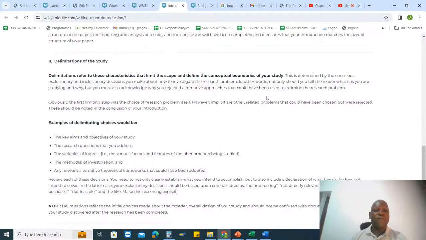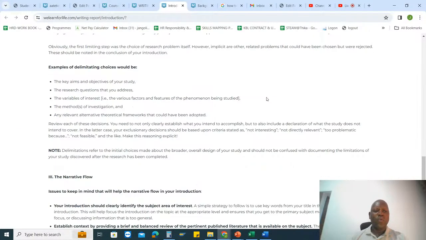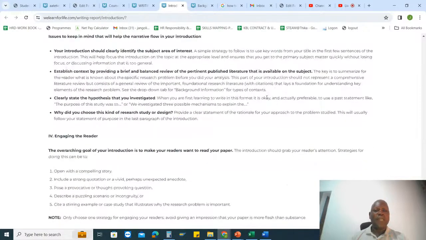We have also gone further and shown the delimitation of what we are doing. What is it going to delimit us from? As I said, we need to always engage the reader. The purpose of an introduction is to engage the reader, to make the reader read your report, your paper, whatever you have written.